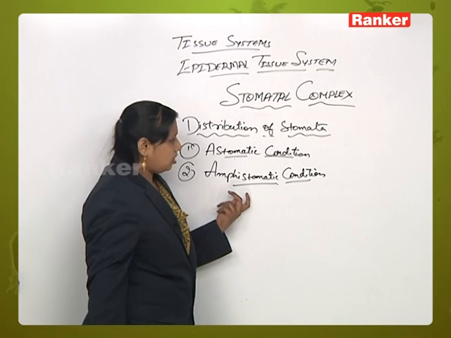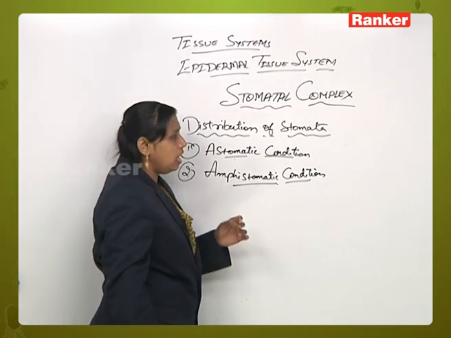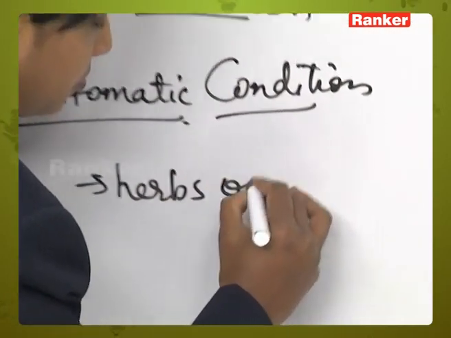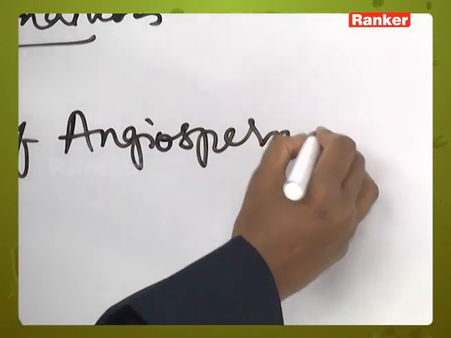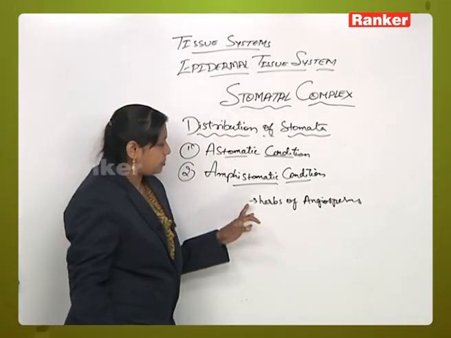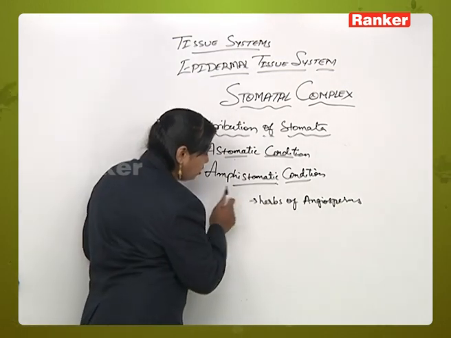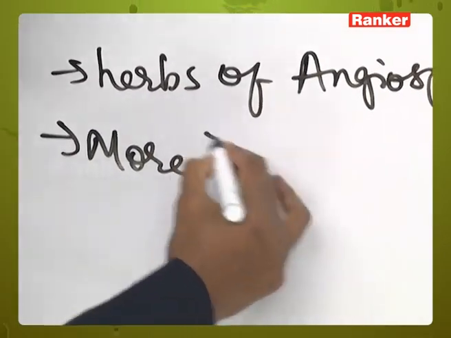This condition is called amphistomatic condition. And where do we see this? These are seen in the herbs of angiosperms. And if these are present in both the upper and lower epidermis, their number is more on the lower epidermis.